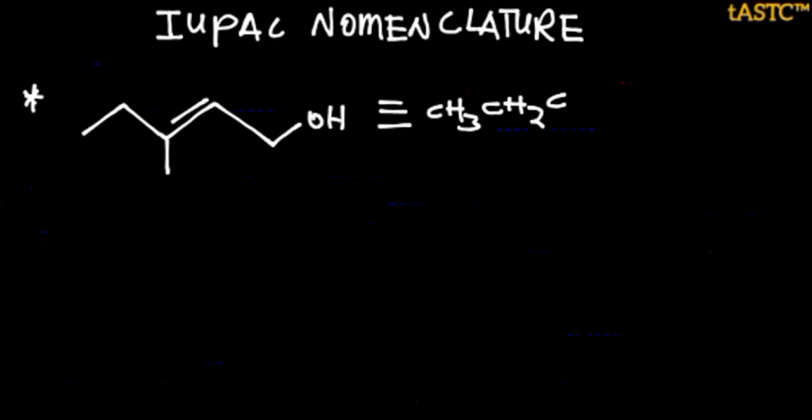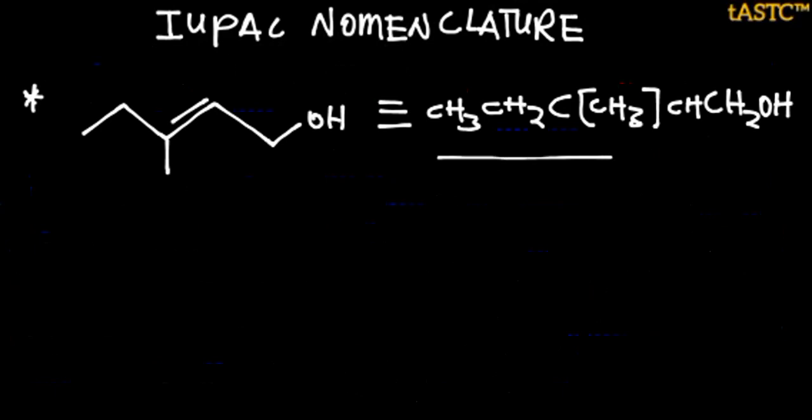So this is going to be a C. I'm going to have a C with a CH3. And then we're going to have the second C, which contains just 1 hydrogen atom. So that will be CH. Now here we're going to have a CH2 with an OH.